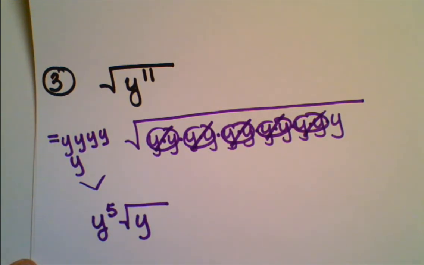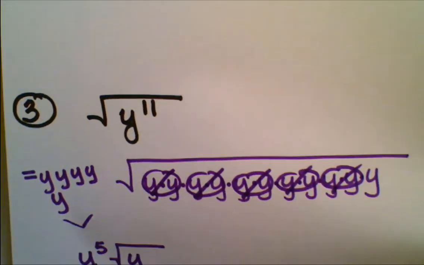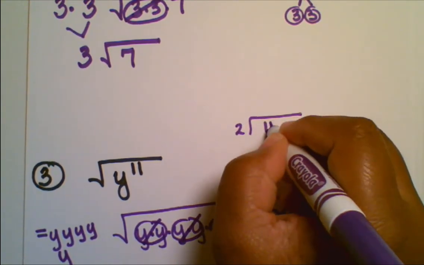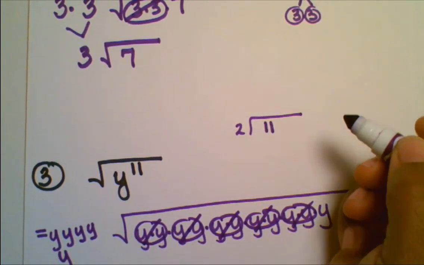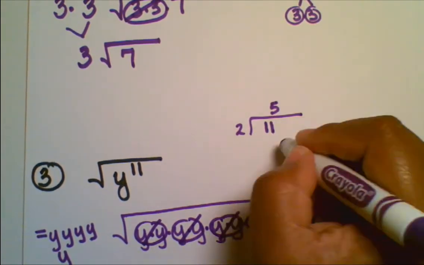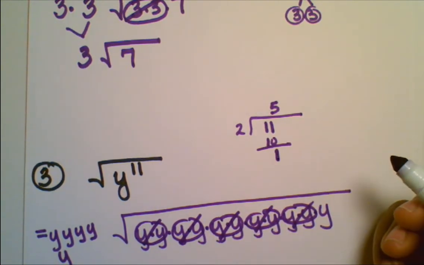So this is one way that we can do this. Or we can say, how many times does 2 divide into 11 evenly? Well, we have 5. We can use some long division this way, which is 5 times 2 is 10, and we have a remainder of 1.